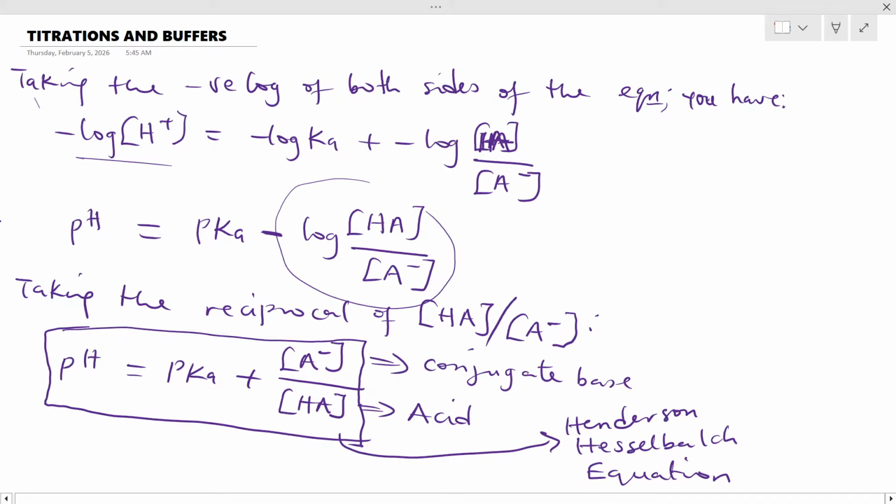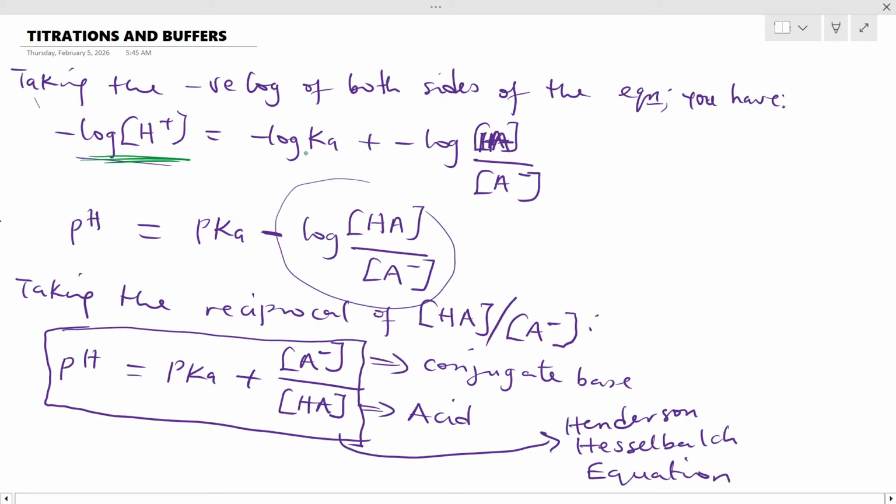Alright, now if you look at what you have here, we said negative log anything could be P anything. So when it is negative log hydrogen ion concentration right here, what you have immediately is what? pH. So this is how you got pH as your next step.